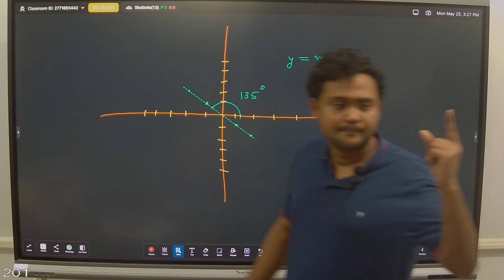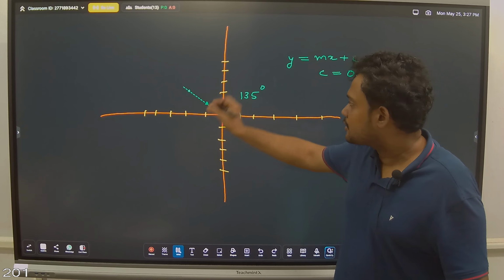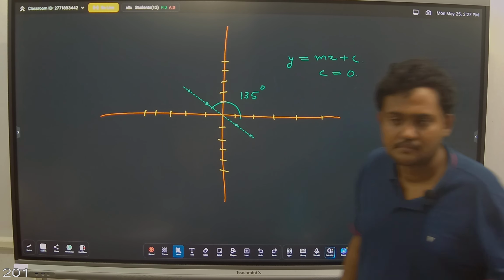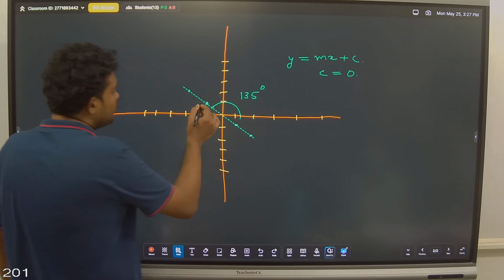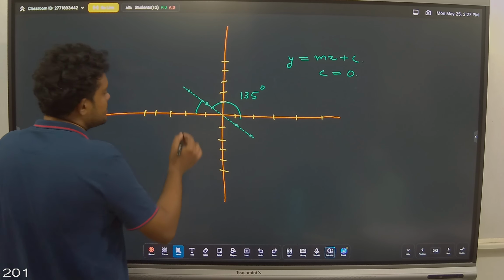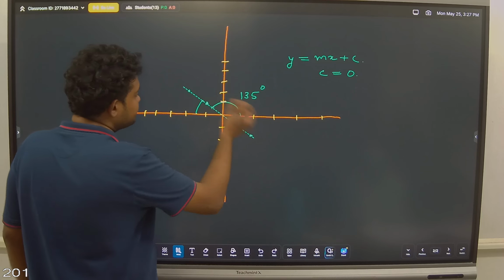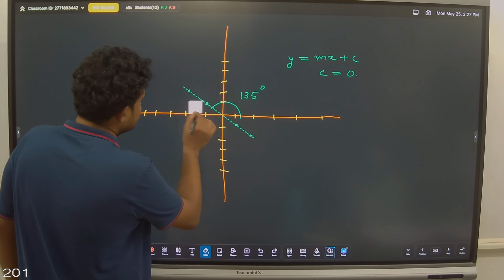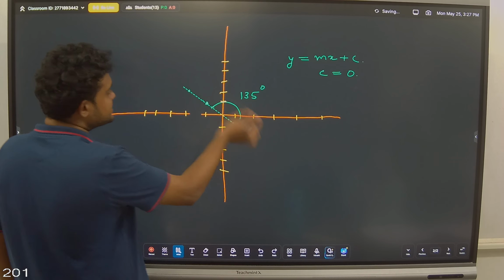So listen, how do we know that this angle, for instance, is 45? We know that the tan of this angle is -1.